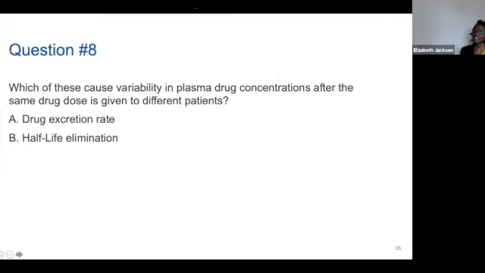Which of these cause variability in drug plasma concentrations after the same drug is given to different patients? Is it A, drug excretion rate, or is it B, half-life elimination?